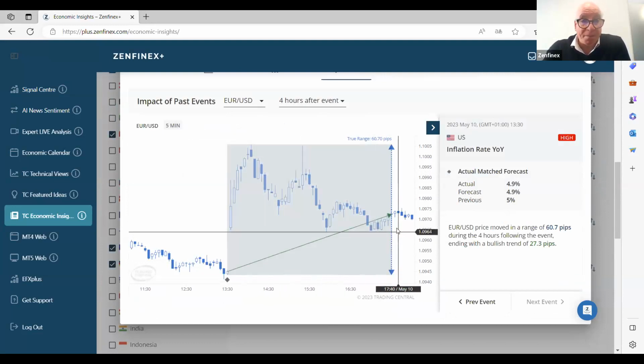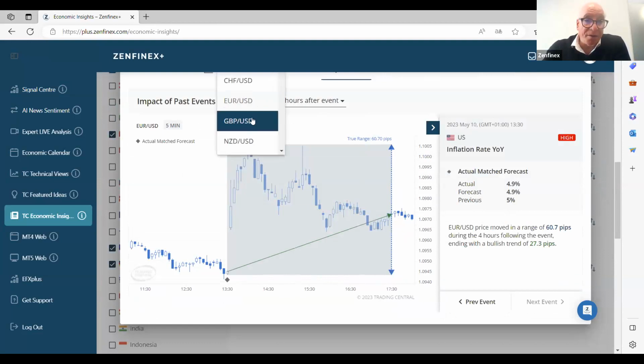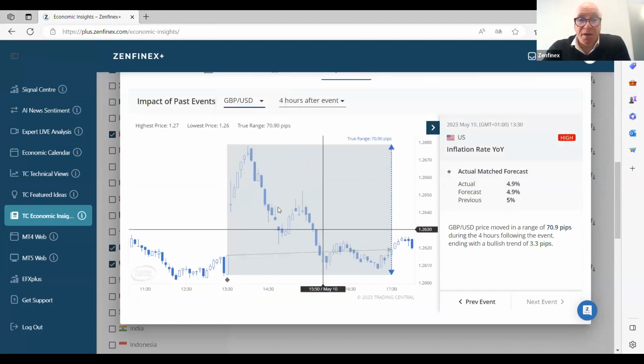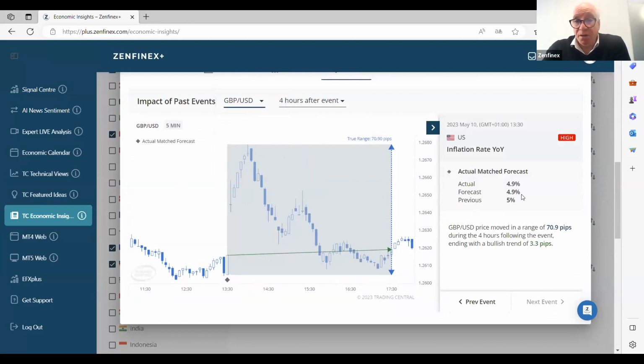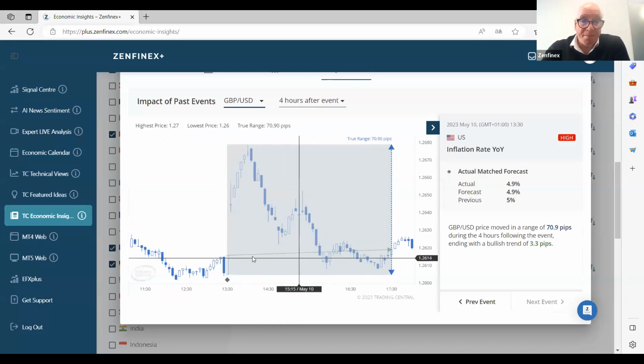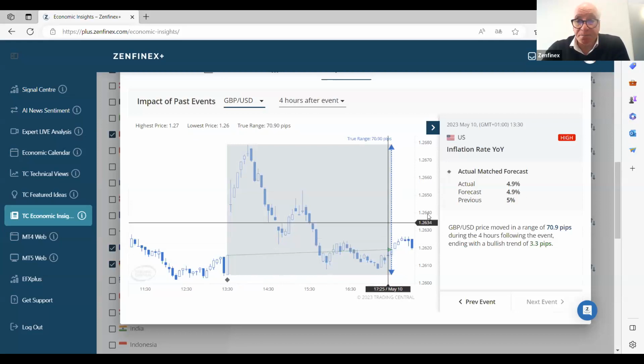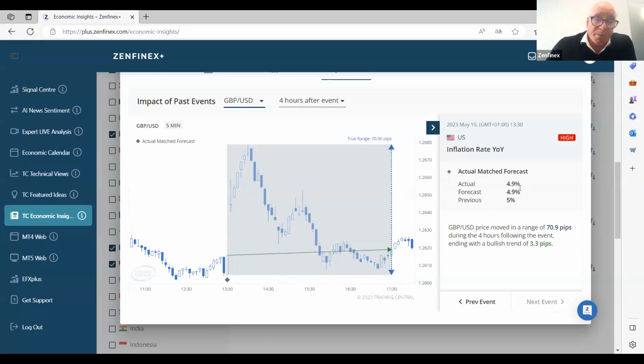So it didn't even fill the gap. If we look at the British pound effect, let's see what impact it had on the British pound. Last inflation rate year numbers from the US popped up, came back down almost to where it started, because the forecast had been met.